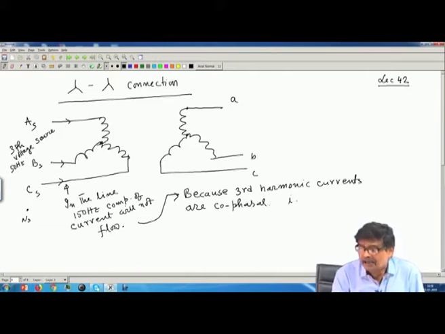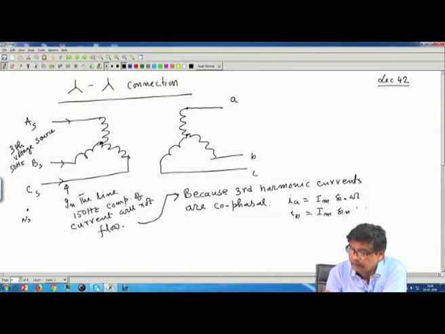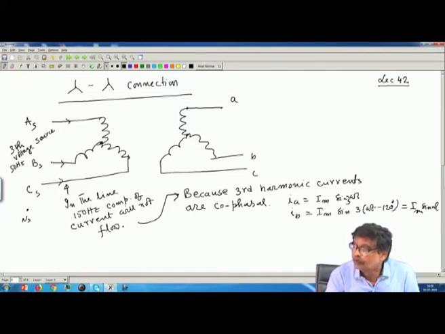Because if you say I A is equal to some I M, the magnetizing current, sin omega t, I B will be... oh sorry, I A is sin 3 omega t, suppose third harmonic current, then I B is I M sin 3 omega t minus 120, which is the same as I M sin 3 omega t, cophasal.